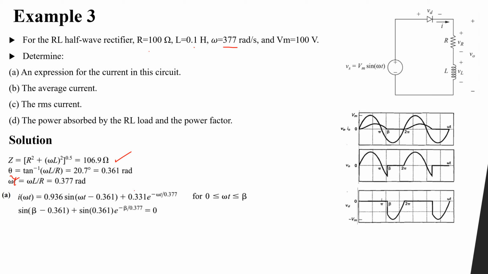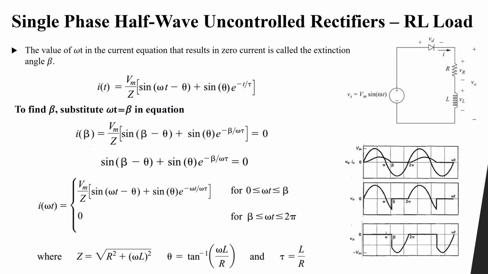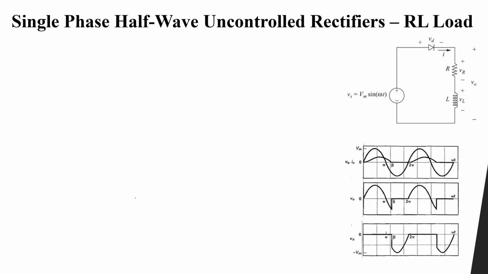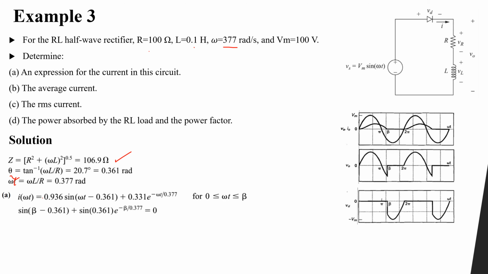Where did we get this equation? Going back here, this is I as a function of time: Vmax over Z, where Vmax was given in the problem, times sine of omega t minus theta, which we just obtained, and omega tau which I just calculated. By substituting, you get this final expression for the current from 0 to beta.